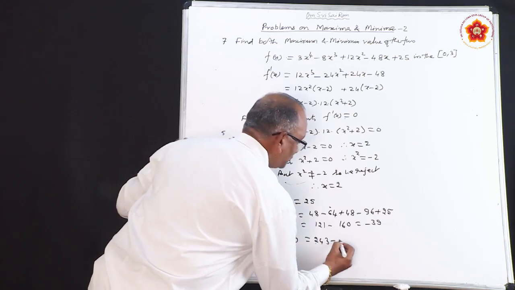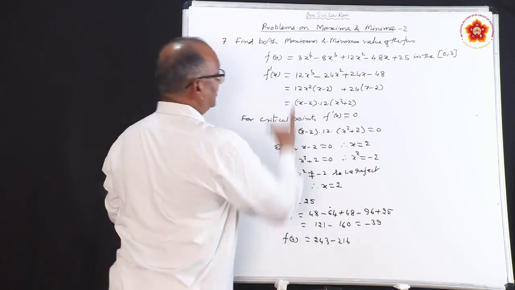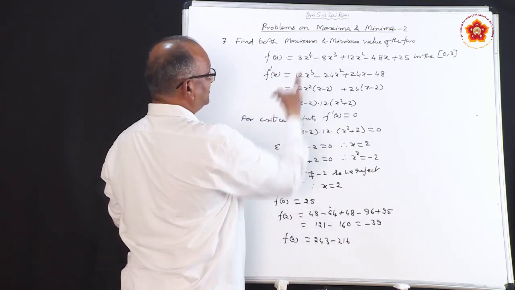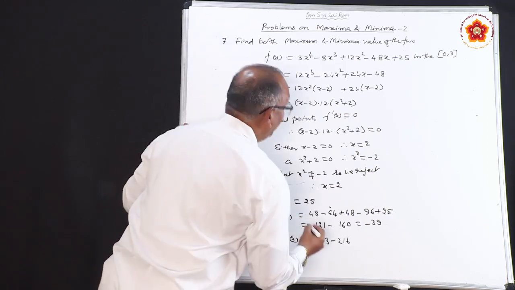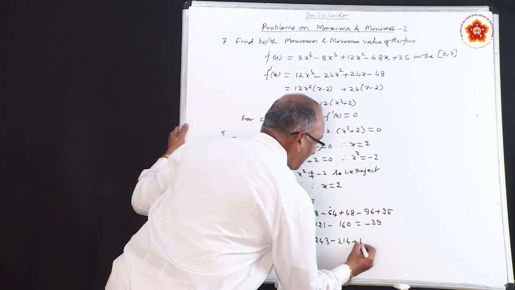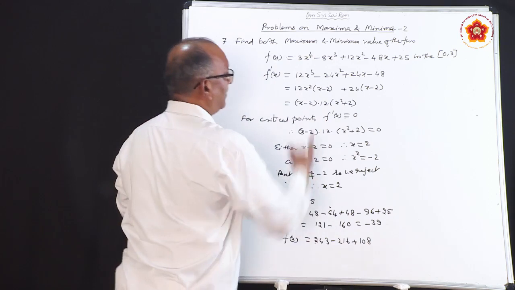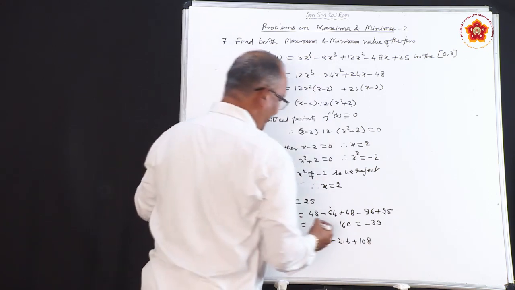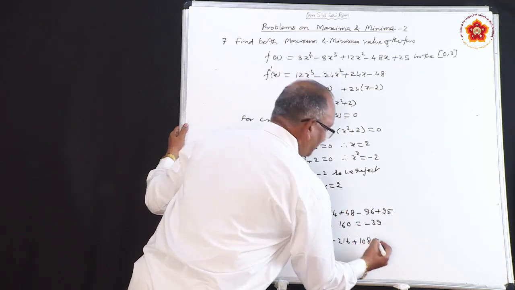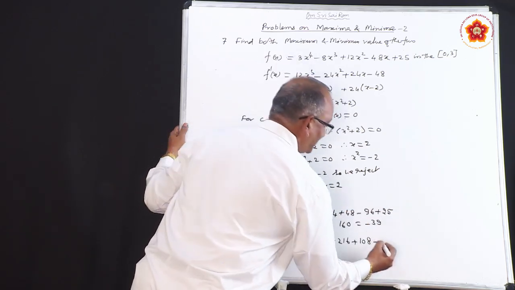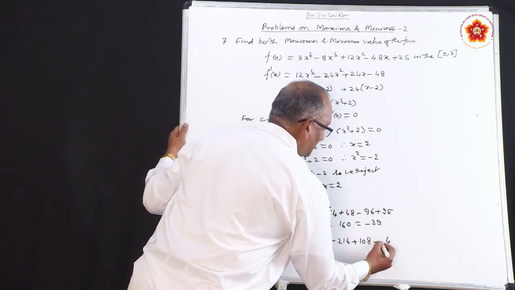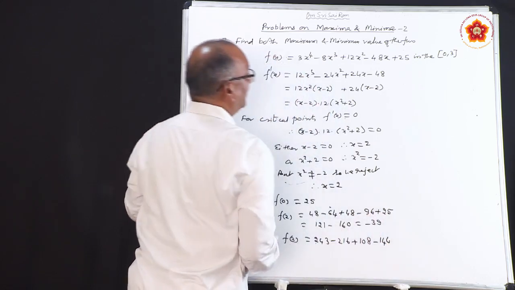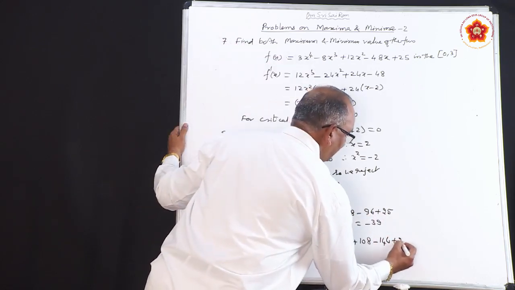So, minus 216. Next is 3 square is 9, 12 nines are 108. Next 48 into 3, minus 3 8s are 24, 3 4s are 12, 144, plus 25.